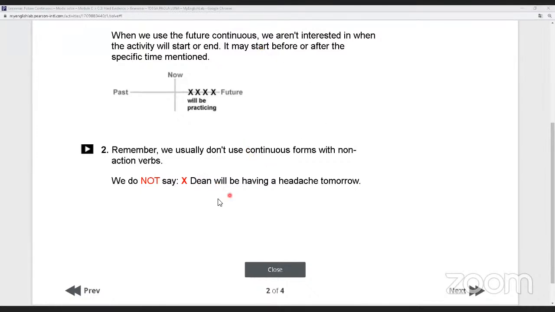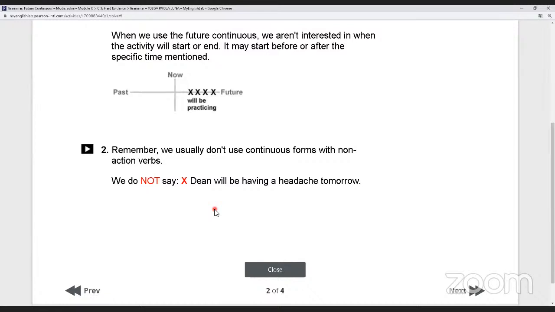So for the sentences that are wrong, what would be the correct sentences, or the way that we have to say it correctly? Well, if we're going to find a non-action verb, it doesn't matter if it's going to be in progress.